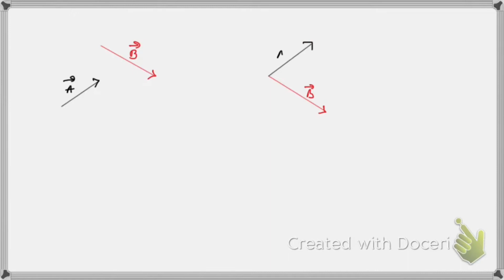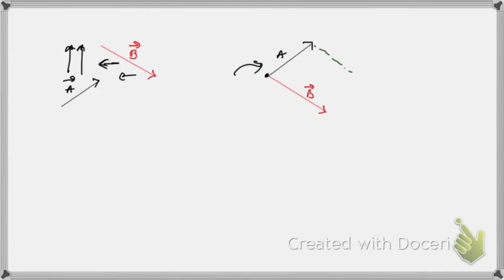We can join them this way also. By parallel shifting, vector A is shifted in this direction and vector B in this direction, so that we can join these vectors in this manner. So we have joined the initial point of vector A to the initial point of vector B.